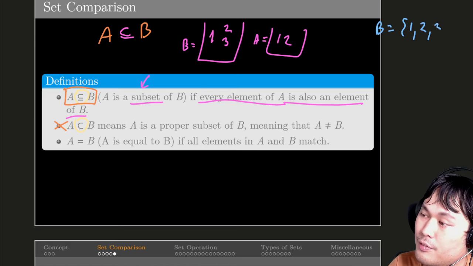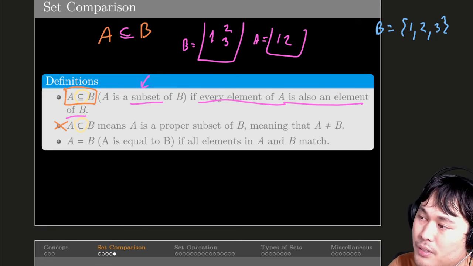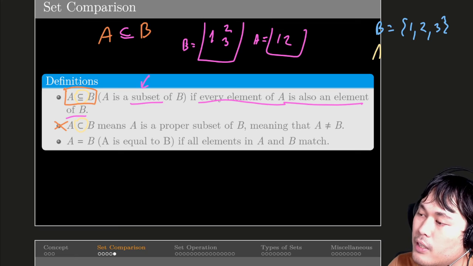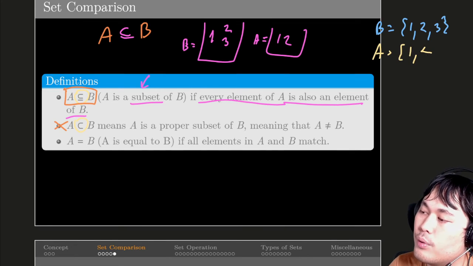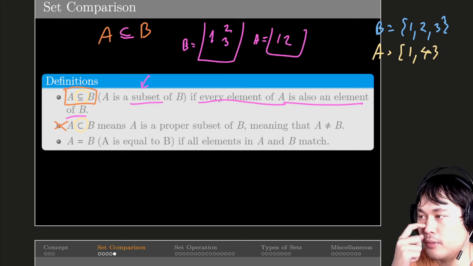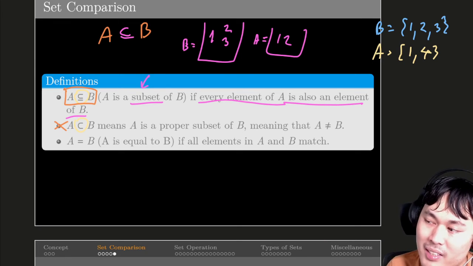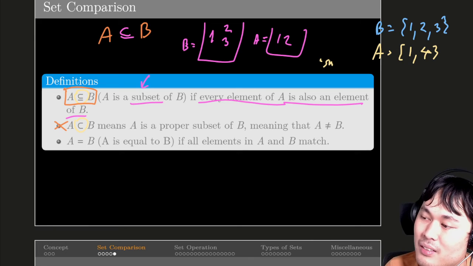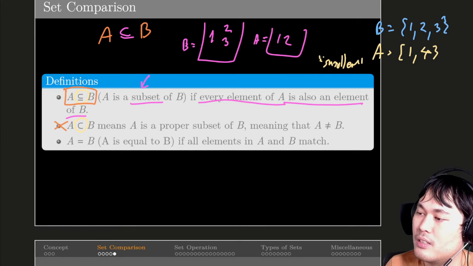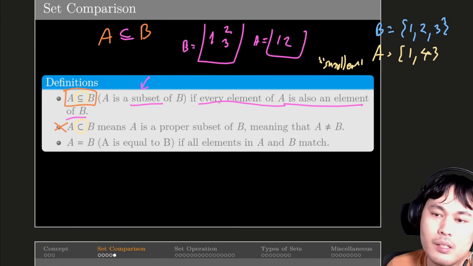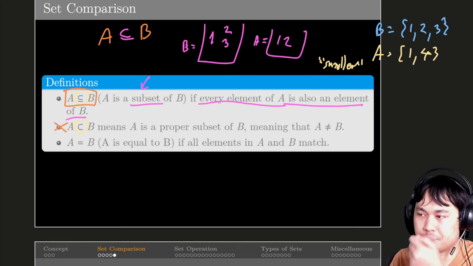B is the set that consists of elements 1, 2, and 3. And then A is the set 1, 4. So here A is smaller, in the sense that if you compare them by size, there are only 2 things in A, but there are 3 things in B. And so A is smaller.